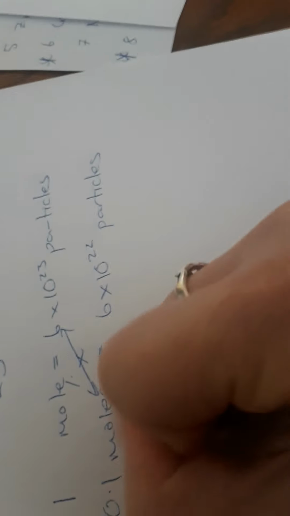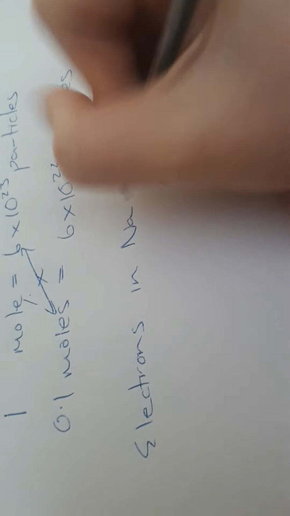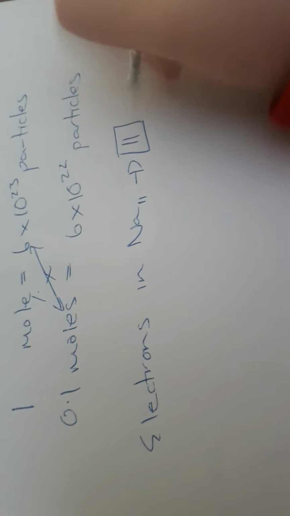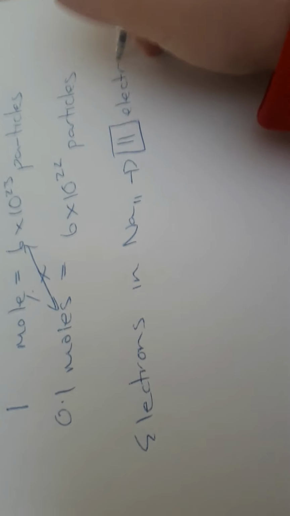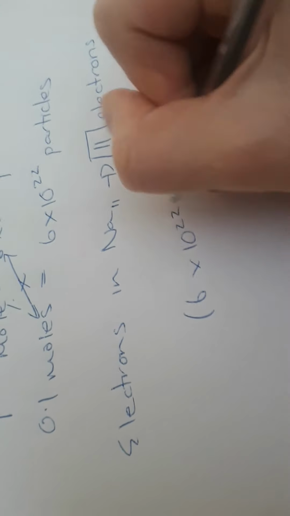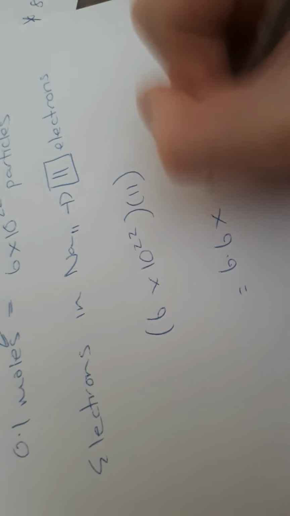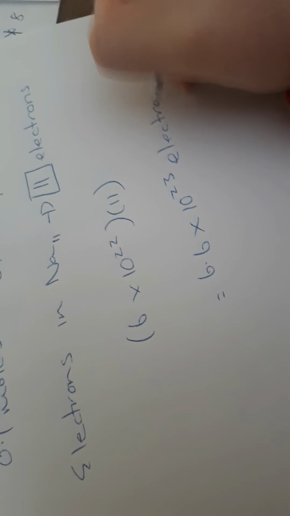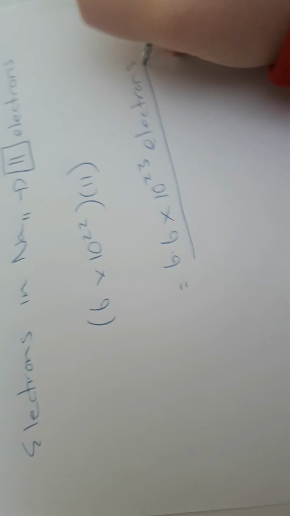And I am asked for my number of electrons in Na. Na has an atomic number of 11, which means I have 11 electrons in a neutral atom. So 6 by 10 to the 22 multiplied by 11 gives me 6.6 by 10 to the 23 electrons. So a little bit of that is also stoichiometry.